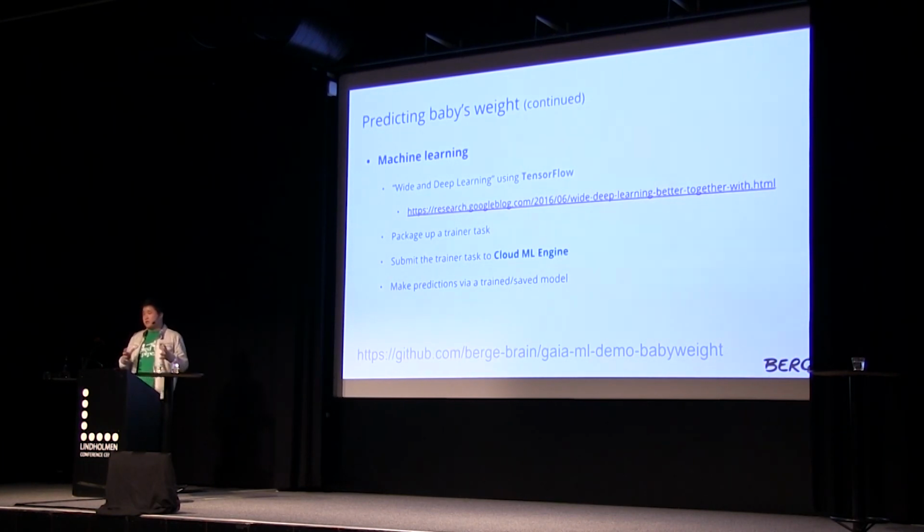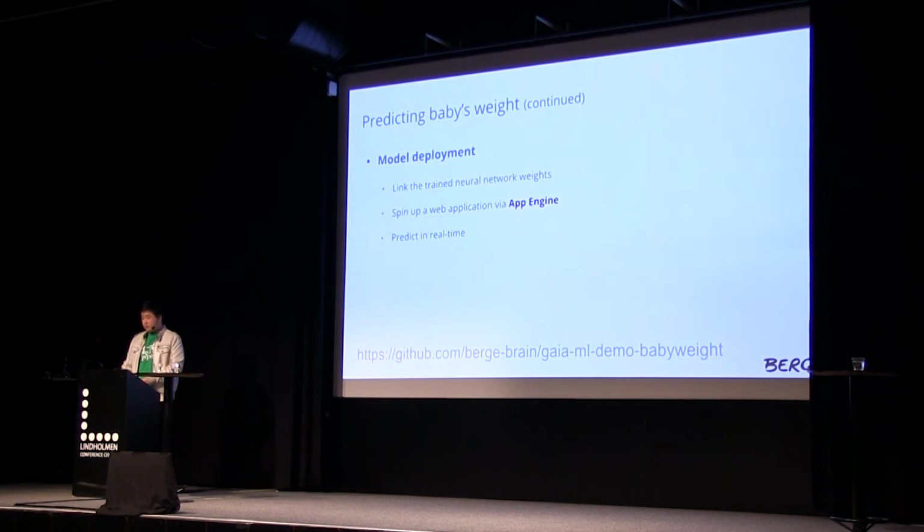We're going to package up this model into a trainer task, and then we can submit it to what's called Google Cloud ML Engine, which will also take care of all the scalability. It will pull as many resources as it needs, up to the maximum capacity that I define, to train the model. And afterward, we can see if we can make predictions with the trained model.